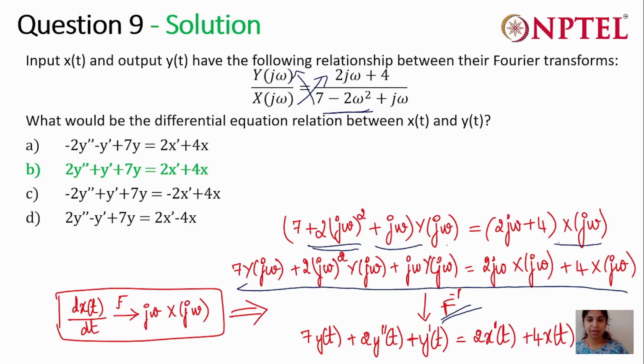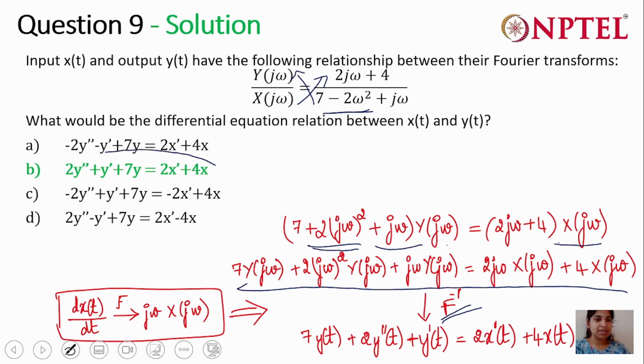So Y of j omega's inverse Fourier transform is what? Y of t. So 7 into y of t plus 2 into, we have j omega square into Y of j omega, whose inverse Fourier transform is y double dash of t, right? Plus j omega into Y of j omega, so y dash of t, equals 2x dash of t plus 4 into x of t.